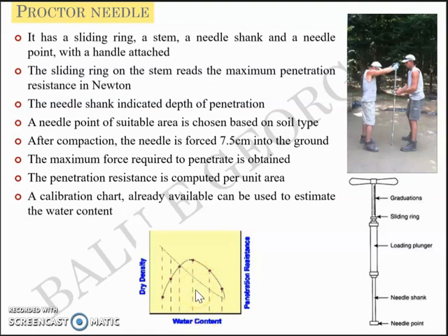So fundamentally, you are trying to penetrate this needle into the ground for 7.5 centimeters, and what you get from the field is the penetration resistance, which is correlated to the water content. So you can find the approximate water content in the field within a few minutes, rather than going for the oven drying method, which will consume 24 hours.